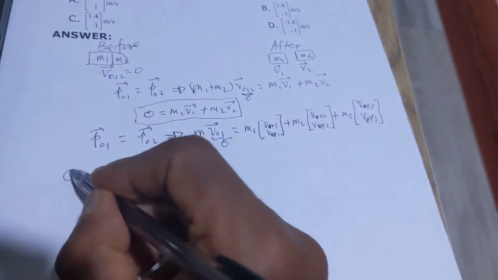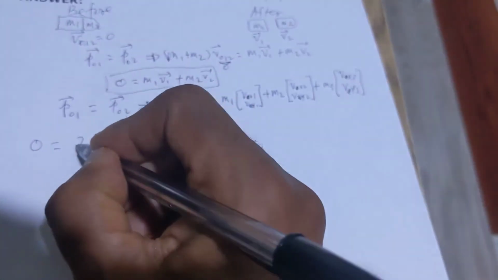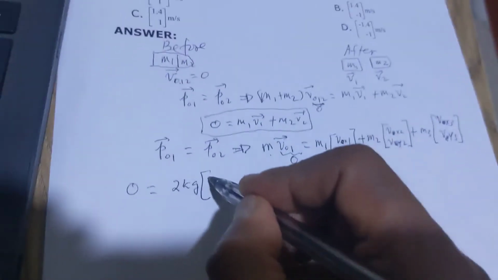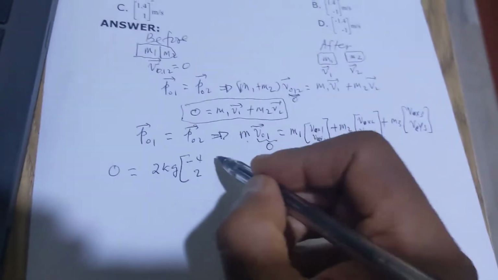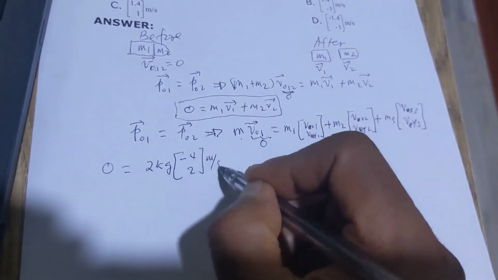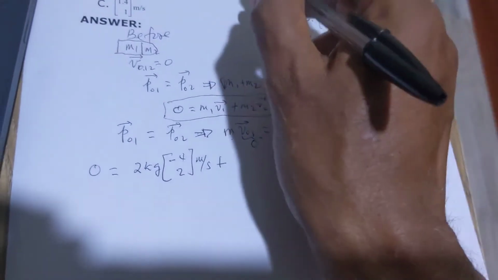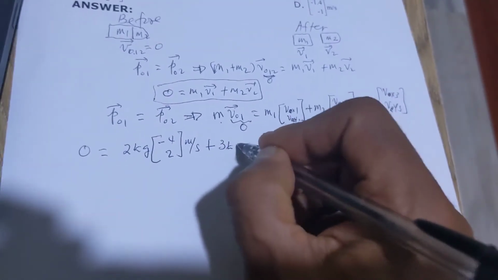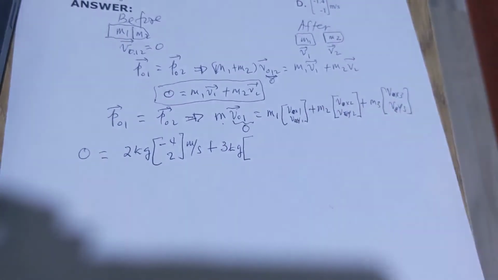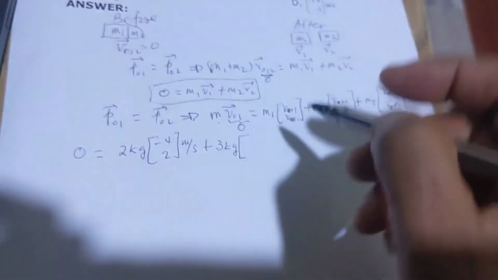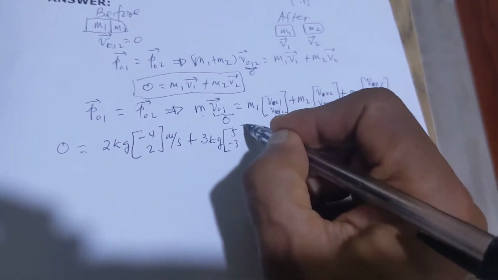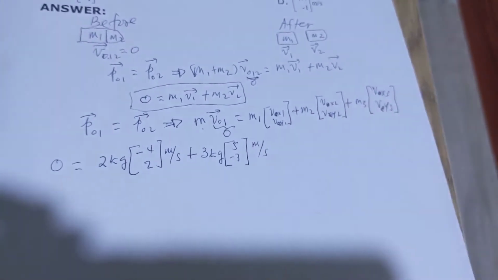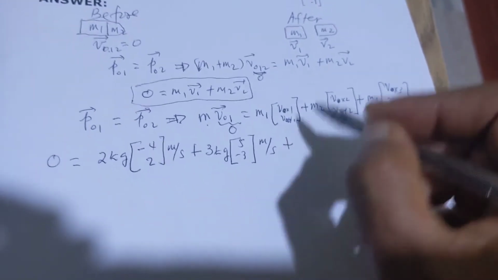So 0 is equal to M1 which is 2 kilograms times the velocity of -4 and 2 meters per second, plus M2 which is 3 kilograms with a velocity of 5 and -3 meters per second, plus M3.